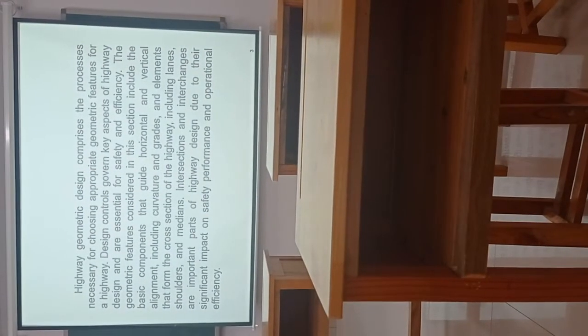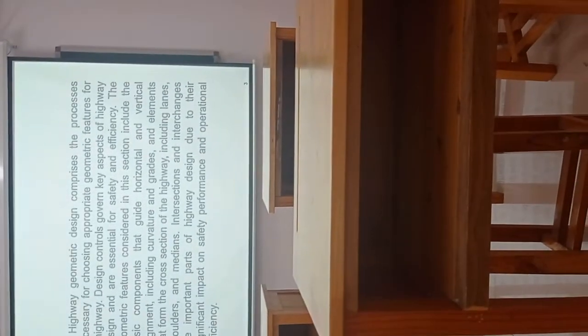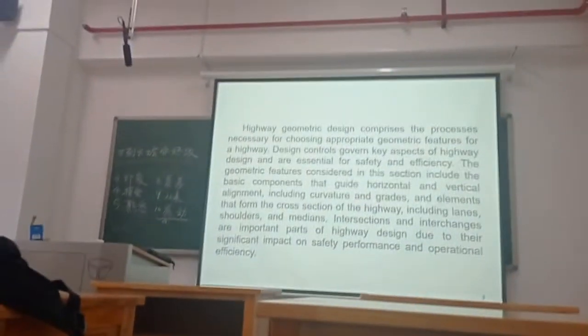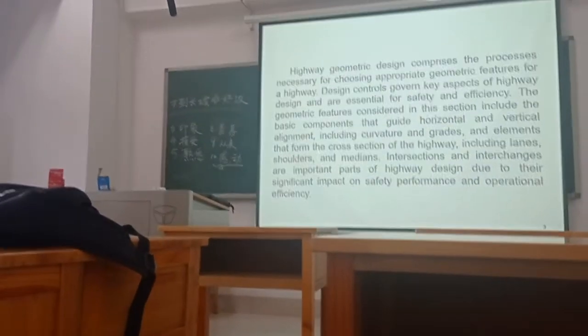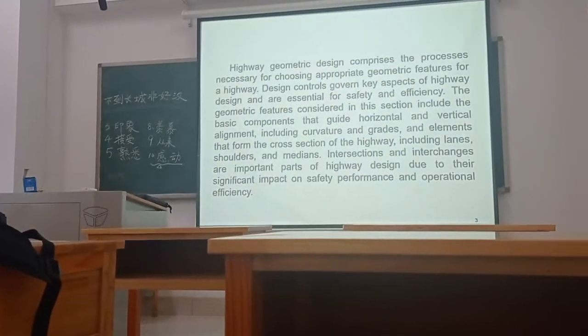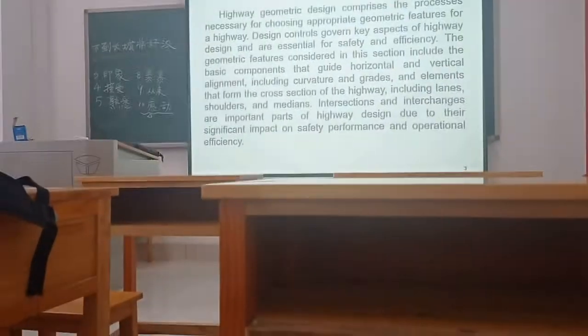The geometry features considered in this section include basic components that guide horizontal and vertical alignments, including curvature and width, and elements that form the cross section of the highway, including lanes, shoulders, and medians.